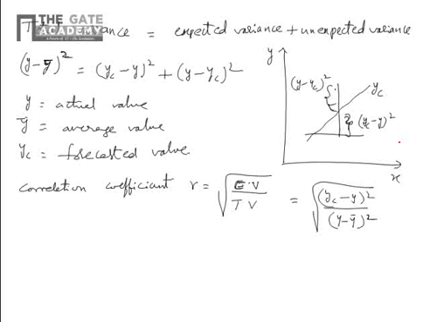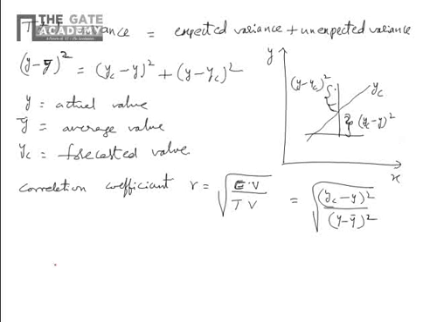So if the correlation is positive, then the numerator will be more. As explained variance increases, correlation is more.